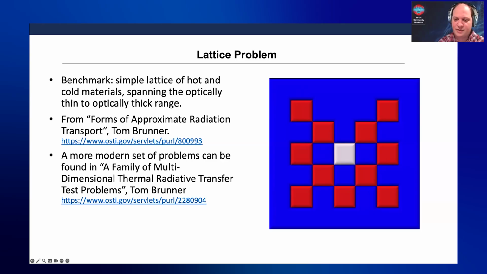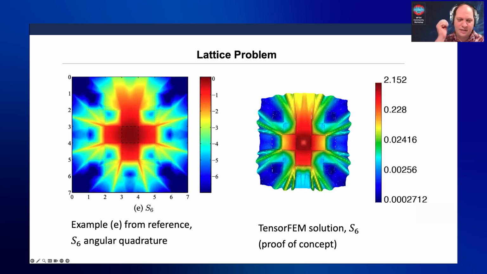The idea is that this is a standard benchmark, so we're going to run our solver over this. On the left here is a sample solution using S6 angular quadrature. If you're unfamiliar with the concept of angular quadrature, I'd refer you to those papers, and they do a great job of explaining it.